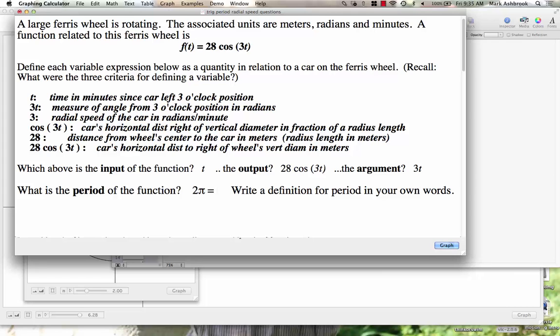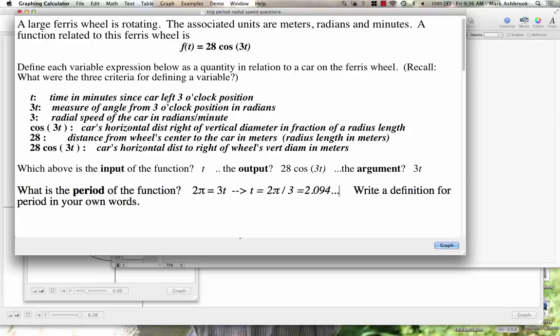Is 3t the angle? Yeah, 3t is the angle. So we want the time period such that that angle, 3t, reaches 2 pi, because we know that angle is going to make a full rotation. So what is the period? T equals 2 pi over 3. And you said that's about 2.094 units?